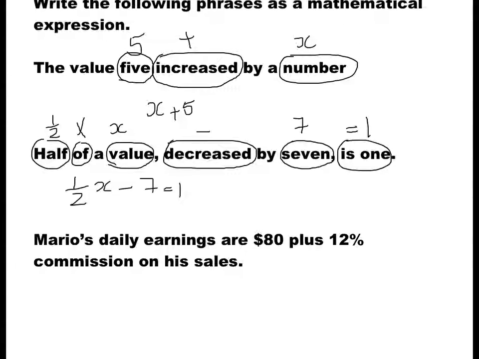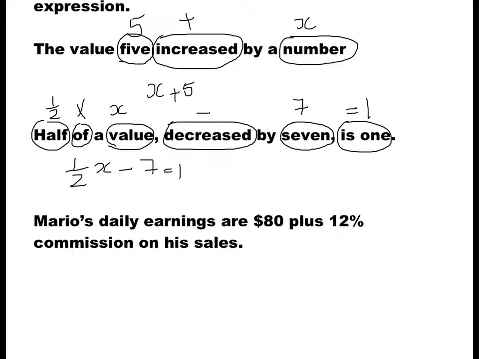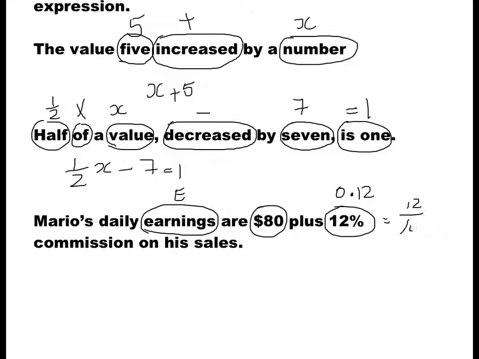The next example says that Mario's daily earning is $80 plus 12% commission. First of all, earning, I'm going to write it as a variable, let's say E. 80 is 80, no change. 12% in math, I'm going to write it as 0.12. Remember, percent means division by 100. So 12 divided by 100 is going to give you 0.12.